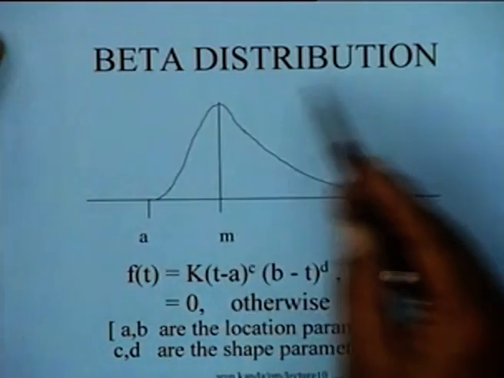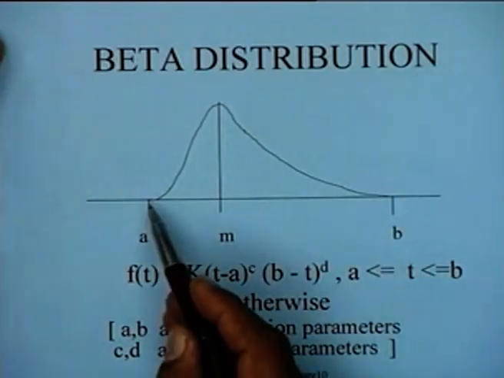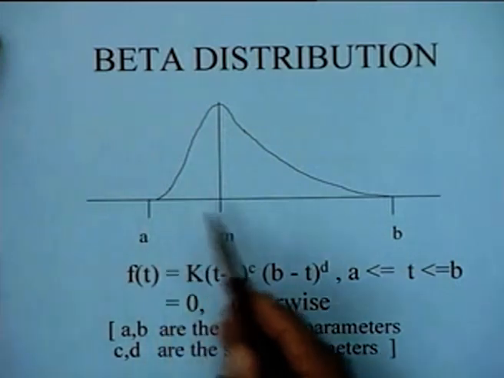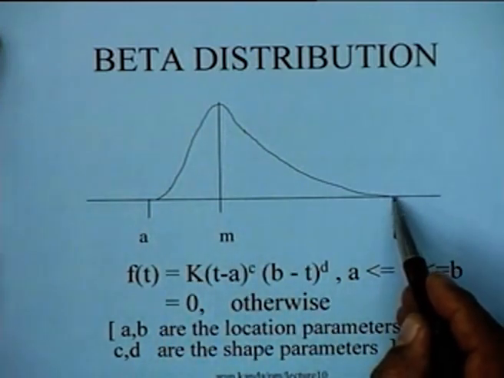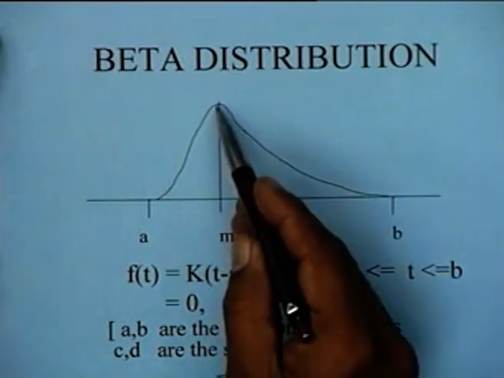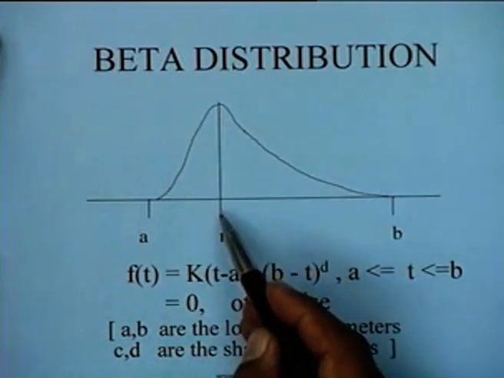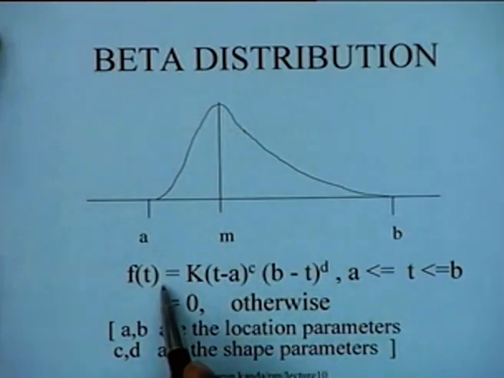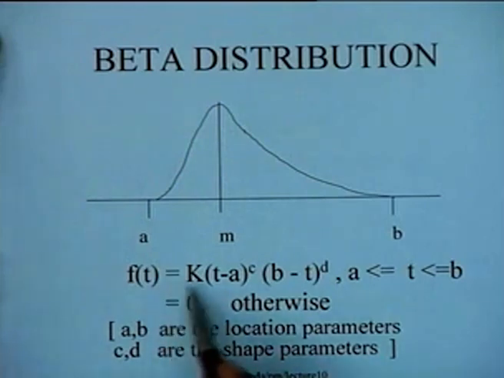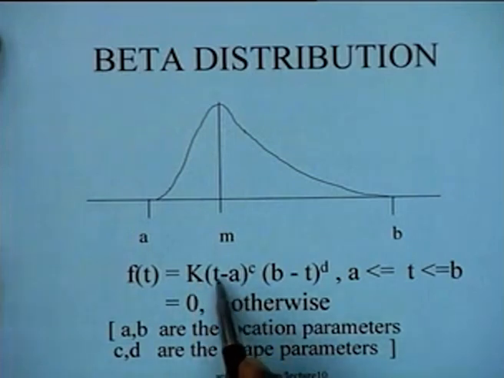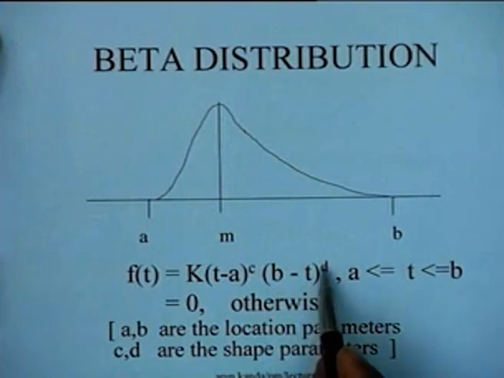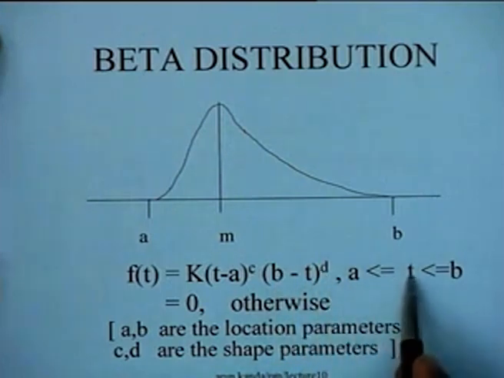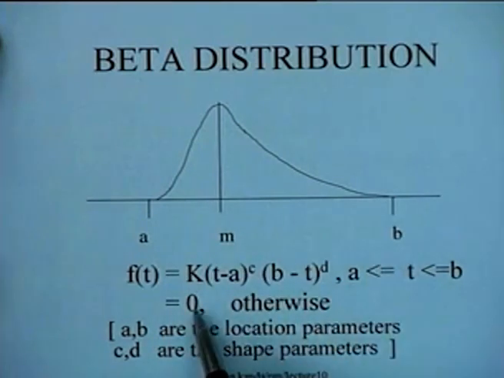You see that the beta distribution is a distribution which has a minimum value at A and a maximum value at B, and it has a mode, a maximum peak at this particular value of M, and in fact the probability density function of the beta distribution is given by this particular function, where K is a constant, and this is multiplied with (t - a) to the power c and (b - t) to the power d, where t lies between a and b and it is 0 otherwise.